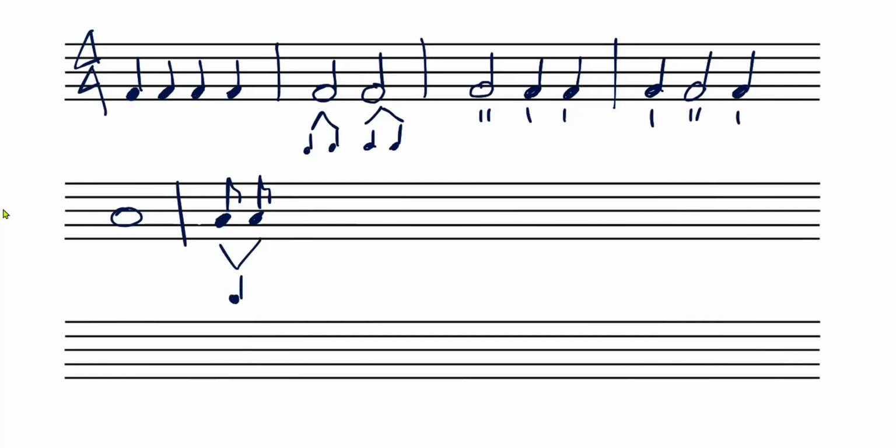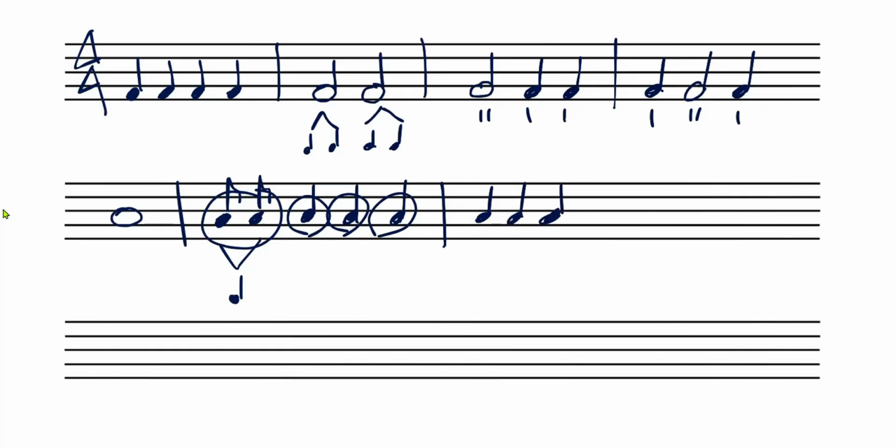And so you could have 8 of these in a single measure, or you could just have something like this. So there's 1 beat, 2, 3, and 4. You could have 8 eighth notes in a measure.